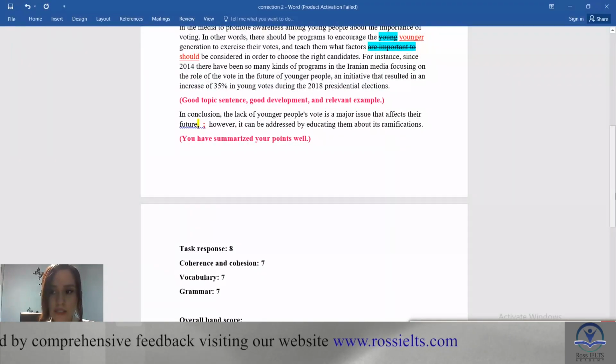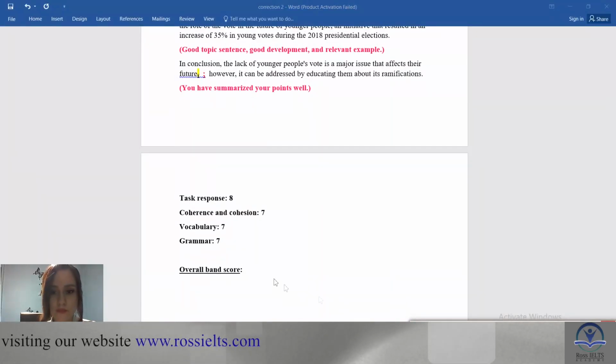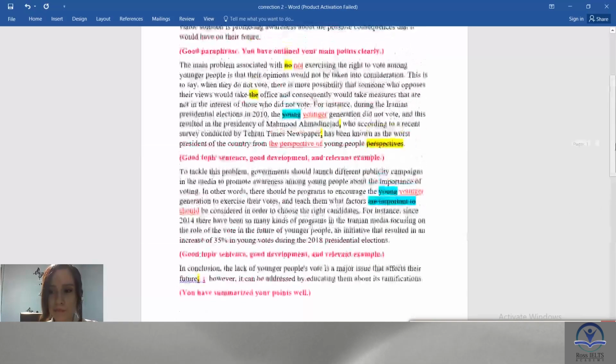And now let's see what the overall band score would be here. So this would be a 7.5 overall band score.